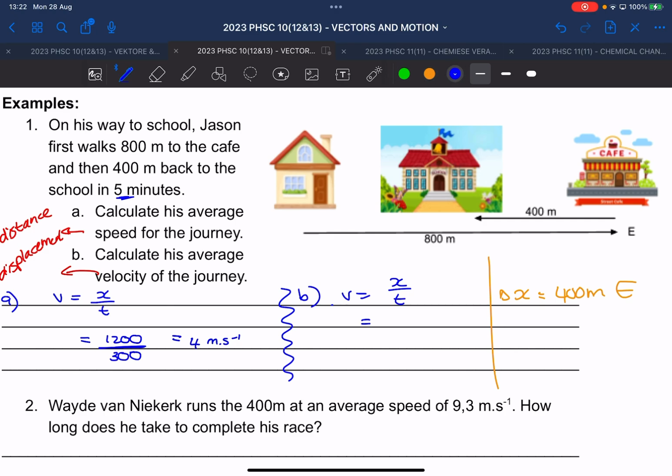So to get his velocity, his displacement 400, and the time is still 300 seconds. Because to go from his start to his finish took him 300 seconds. And that gives you what, Carabello? In your head. 4 divided by 3 gives you what? How many times does 3 go into 4? 1. And then what do you have left?